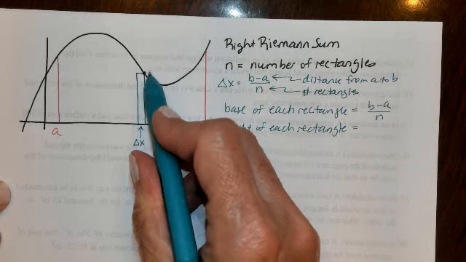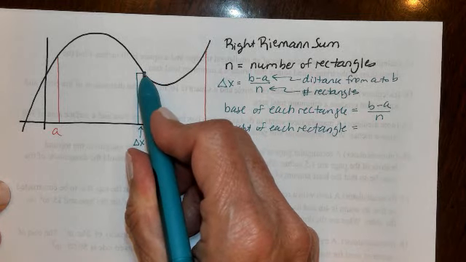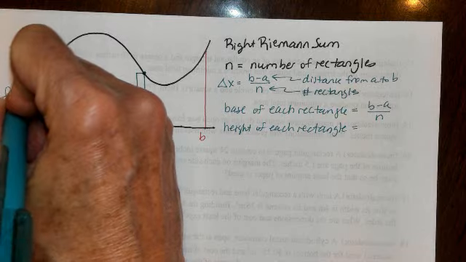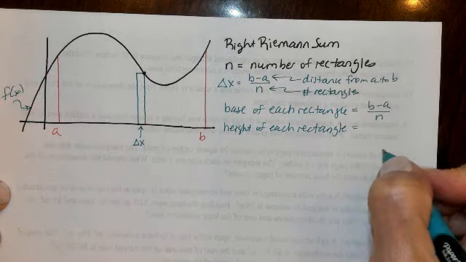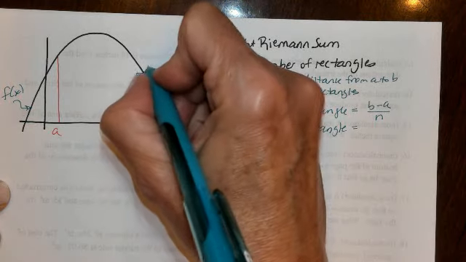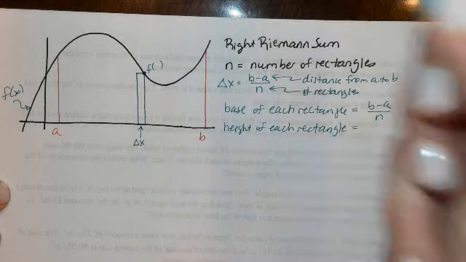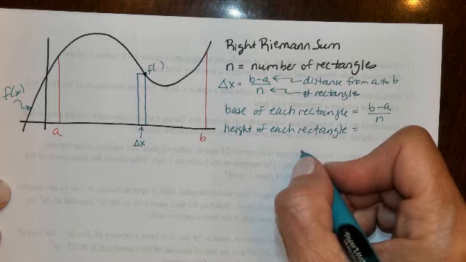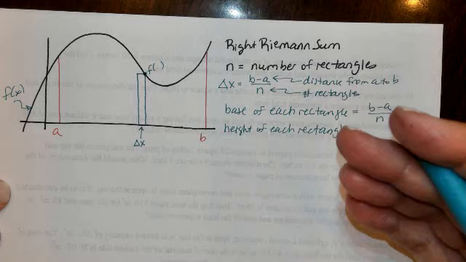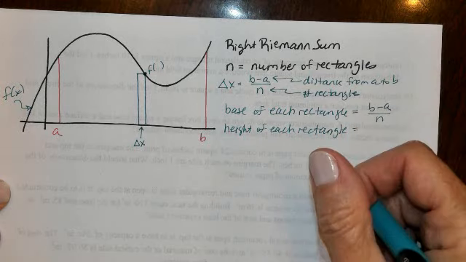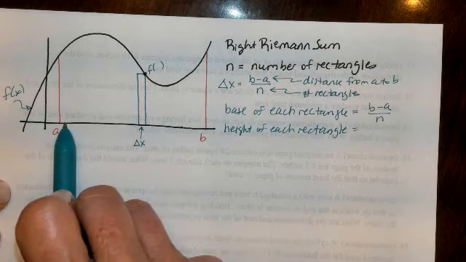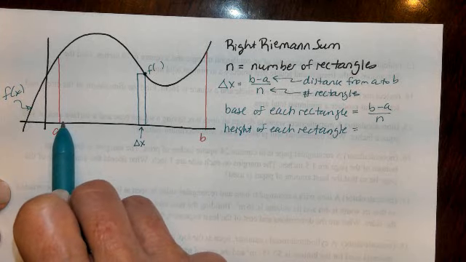So I'm looking for an expression for this height right here. Again, we're going to call this curve f of x. Do you agree that this will be f at some value? Let's find out what value, how we can write an intelligent expression for that. I'm going to draw the very first rectangle right here.